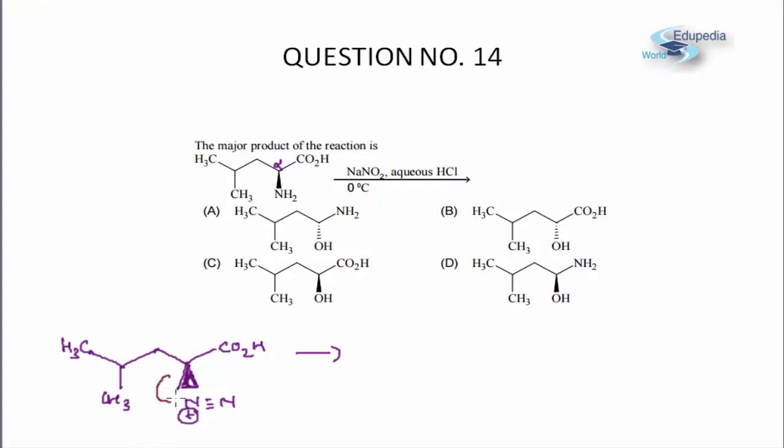And post this, most students would have formed a carbocation at this place, CO2H group, and a carbocation over here, fine, and one CH3 group over here. And at this carbocation, now OH can attack from both sides, it is sp2 planar, typical SN1 reaction, and they would have given their answers as OH from back and from front. So they would have given answers as B and D.